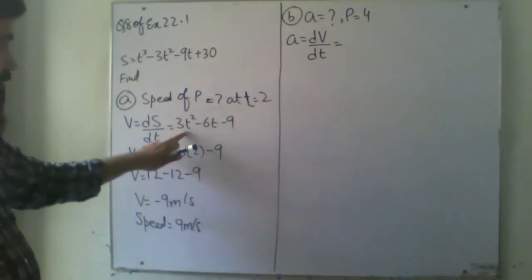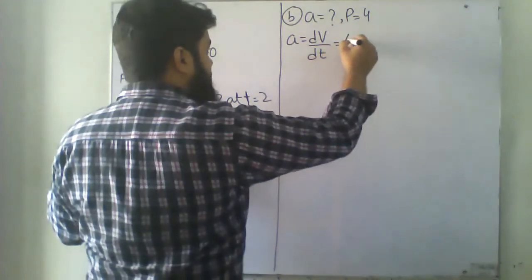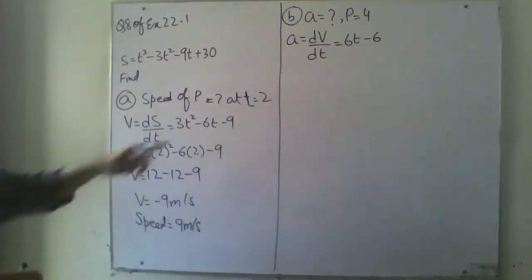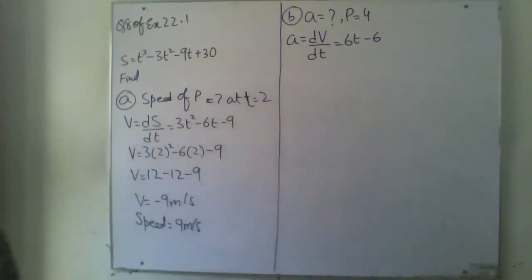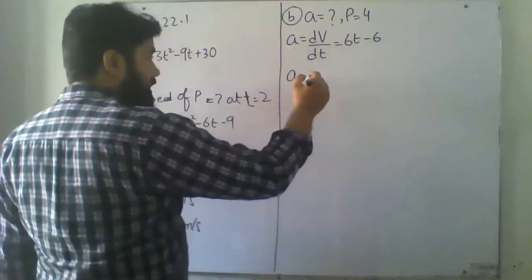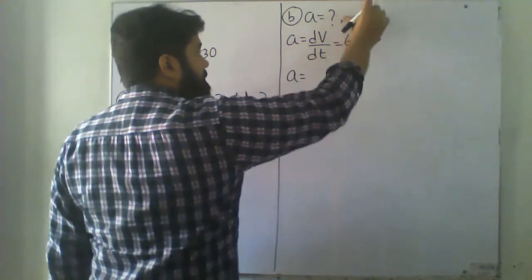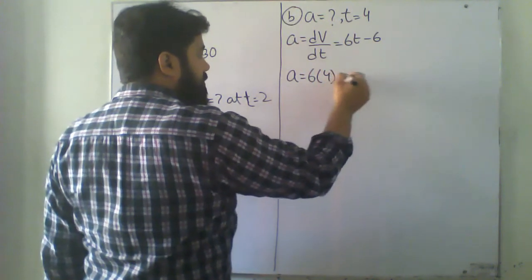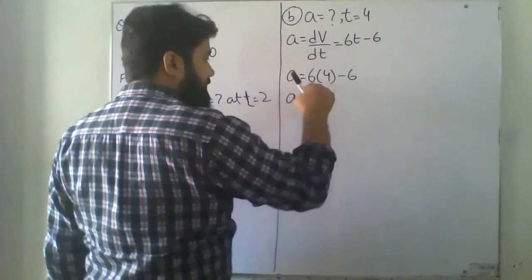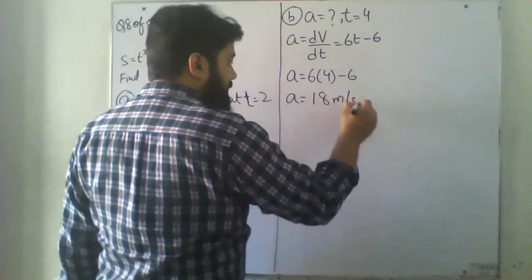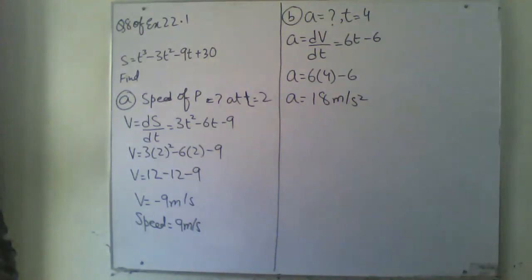So this will become 6t minus 6. Now at t equals 4 seconds, 6 into 4 minus 6 equals 24 minus 6, which is 18 meter per second square. That's your answer for this part.